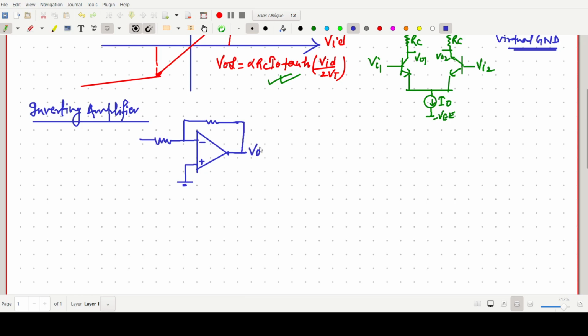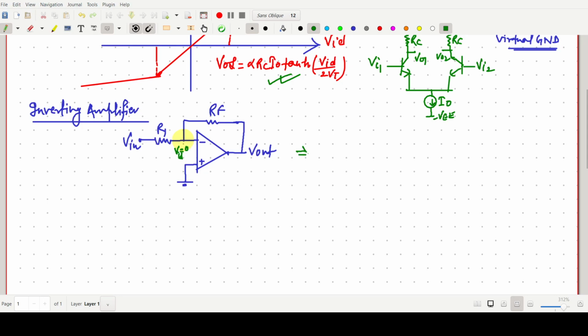Say this one is V output, this one is RF, R1, and this one will be our, say, V in. So this one is an inverting amplifier. So how to solve this one? In such a situation, you have to take this voltage as 0, or Vid should be nearly 0.